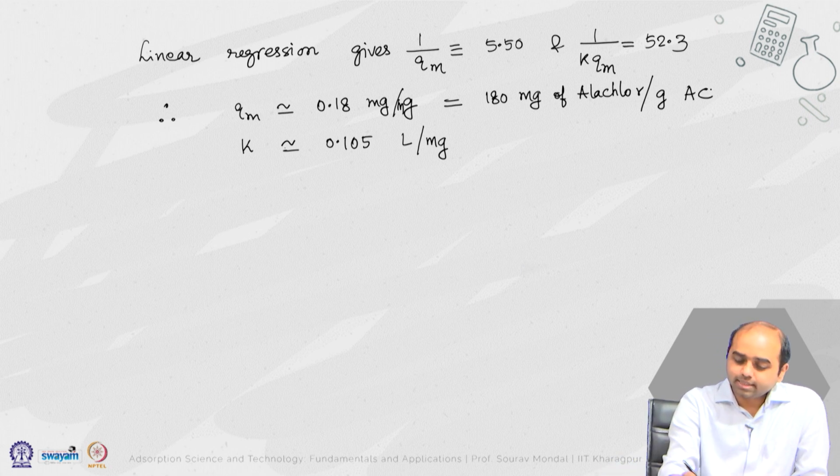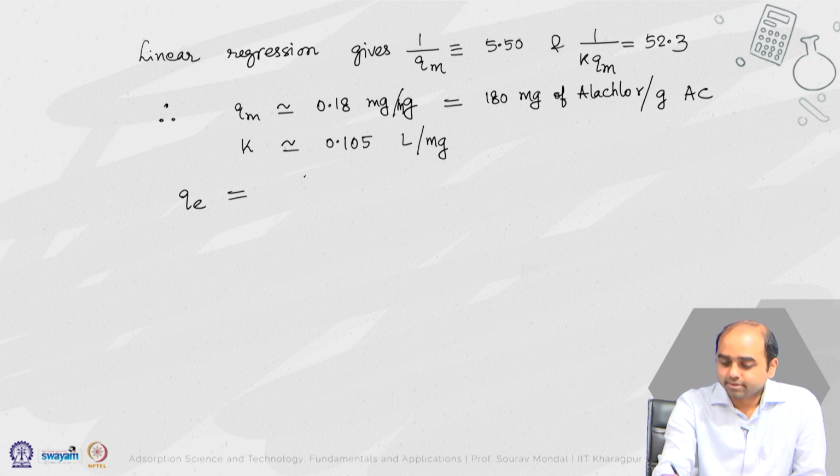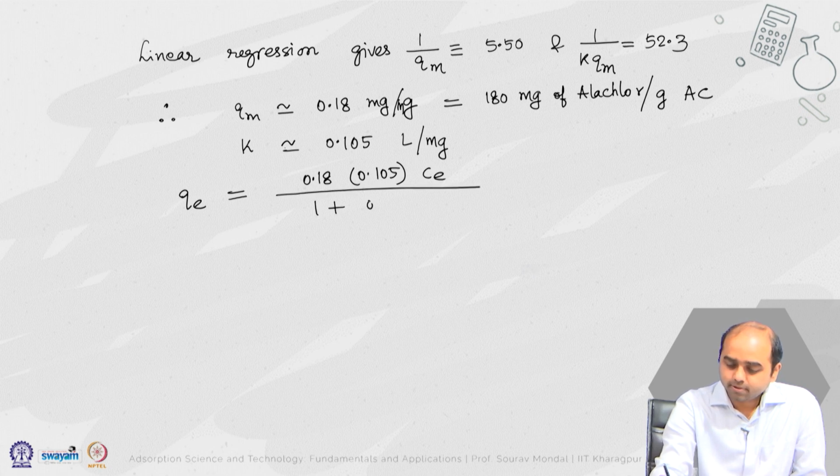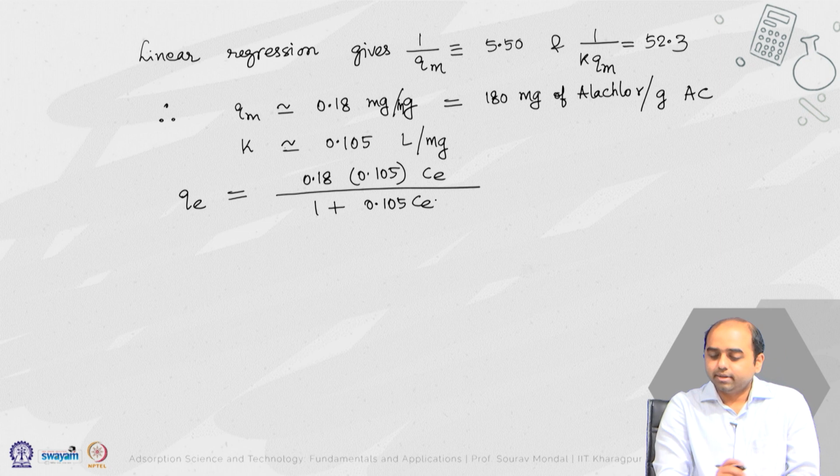So, now we can construct the Langmuir isotherm, which looks like this, and this completes the first part.